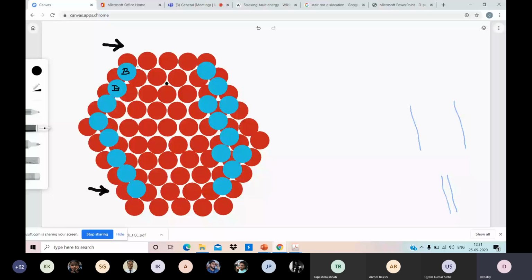I have located a point. What is this position? C position, isn't it?